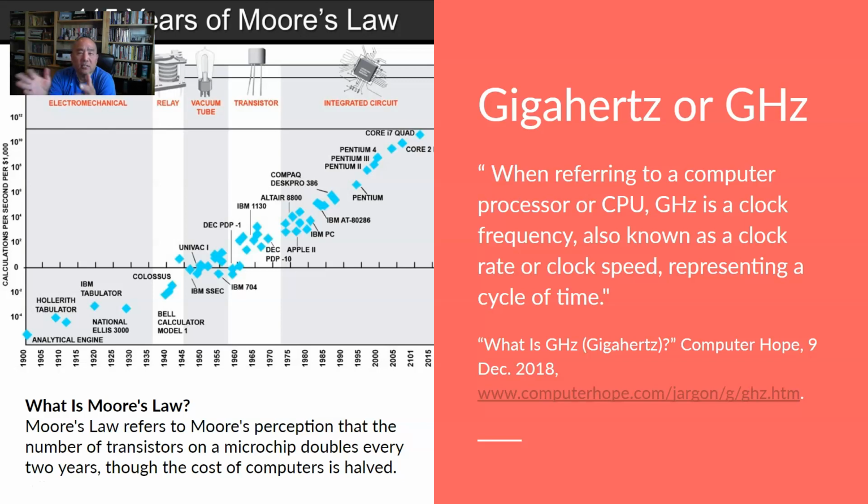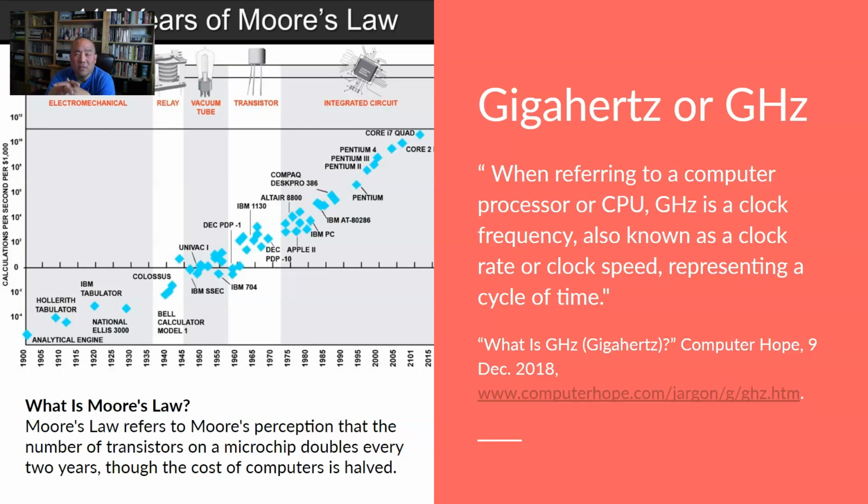What he essentially did is he hypothesized that every year, initially he said every year, the number of transistors on one of these microchips would double, and that the cost would basically come down in half. We're now looking at about every 18 months to 2 years that we're seeing a doubling of speed.